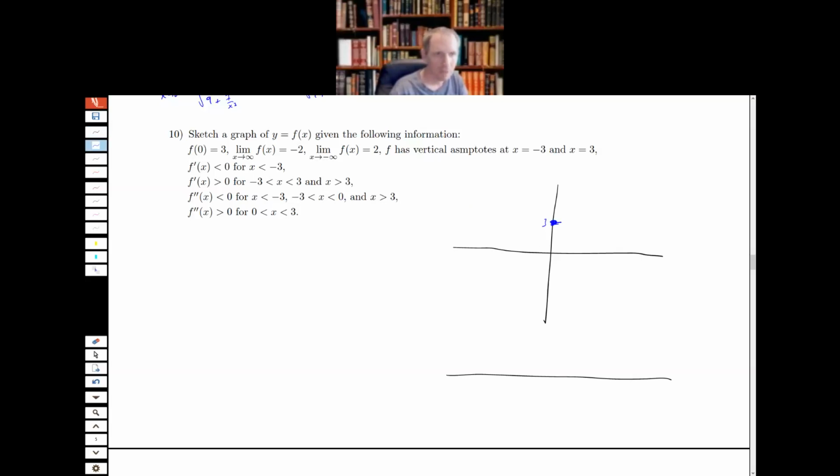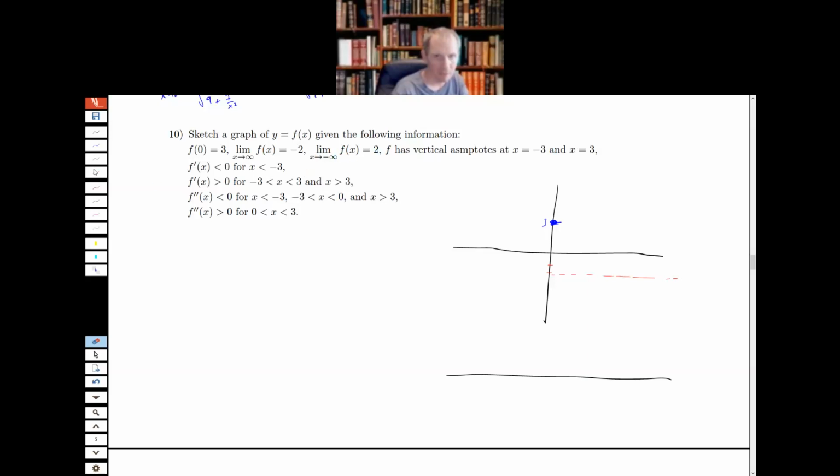The limit as x goes to infinity of f of x is negative 2. That tells me that at a y value of negative 2, I have a horizontal asymptote. Let's be careful now. As x goes to infinity, I approach negative 2, so as I go to the right, I approach negative 2.